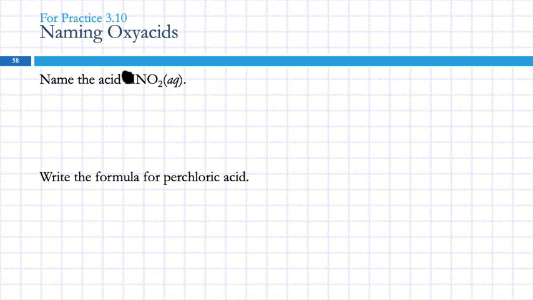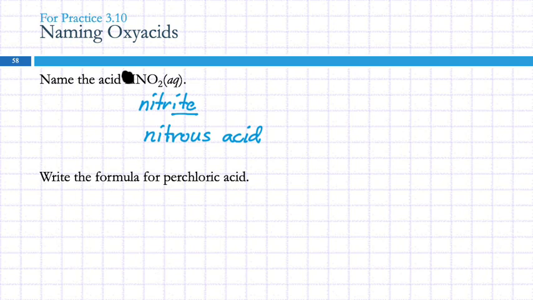Oh, so nitrite? It's nitrite. Nitrate is NO3, so this is the nitrite ion. We're going to change ite to us, like white mouse or bite us, and this becomes nitrous acid.